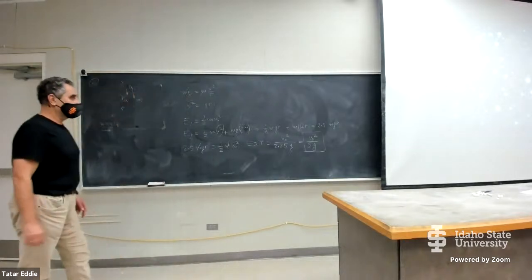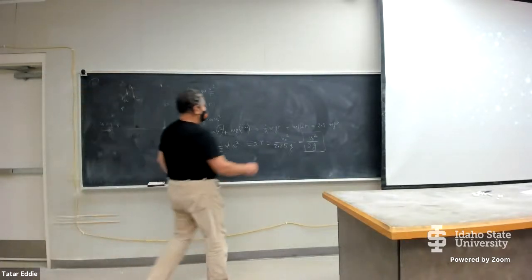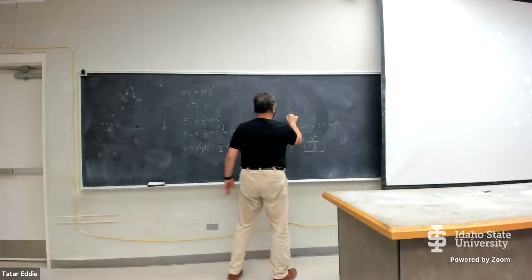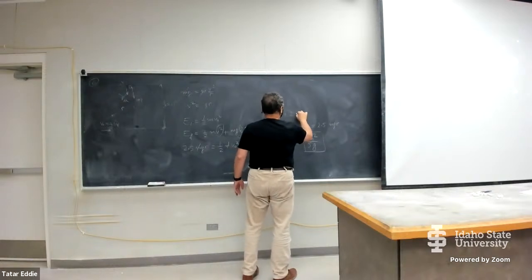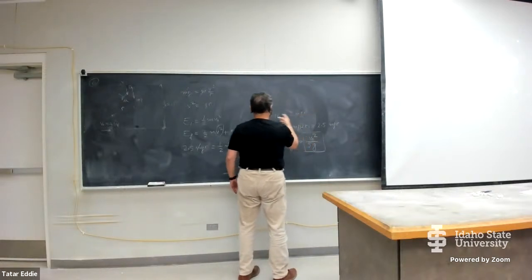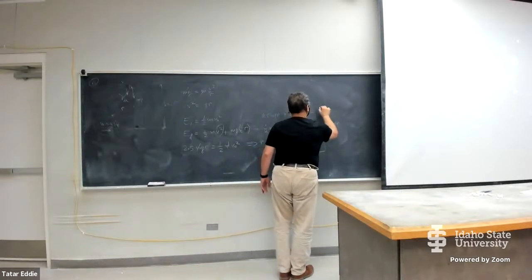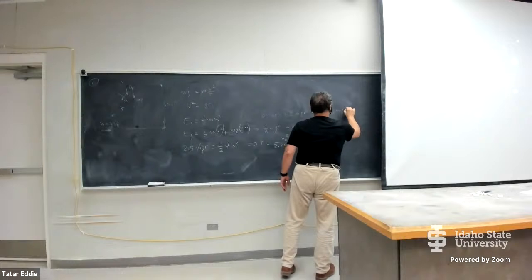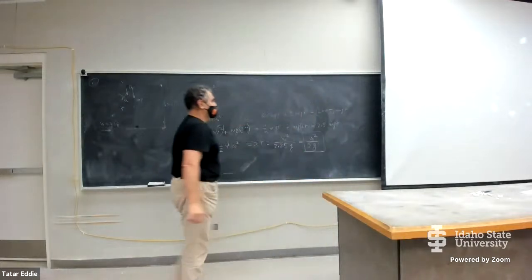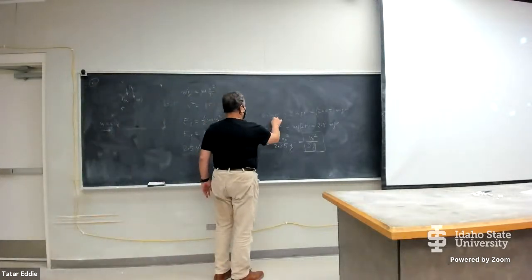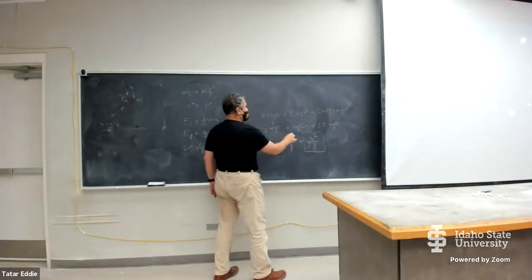And where does the 2.5 come from? So this is 0.5 times mgR. This is 2 times mgR. 2 plus 0.5. Yeah. Right. But it's not 2R, isn't it?